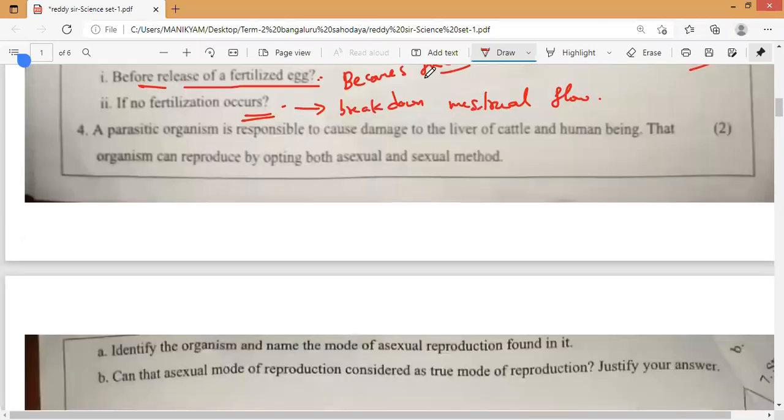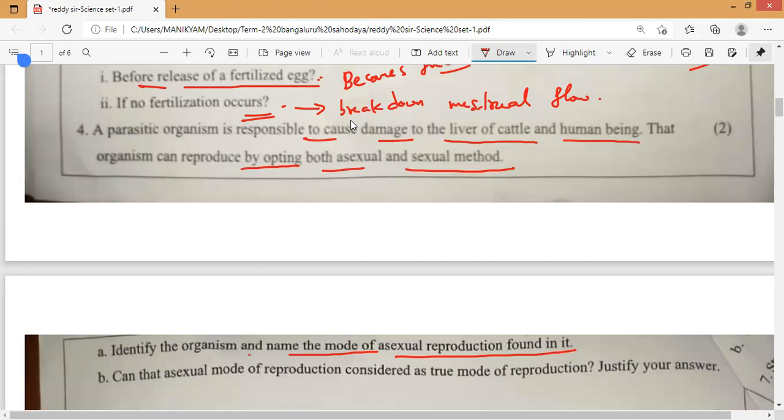Next, a parasitic organism is responsible for causing damage to the liver of cattle and human beings. That organism can reproduce by both asexual and sexual methods. Identify the organism and name the mode of asexual reproduction found in it. Anybody? As I told you, this is a very, very important one.